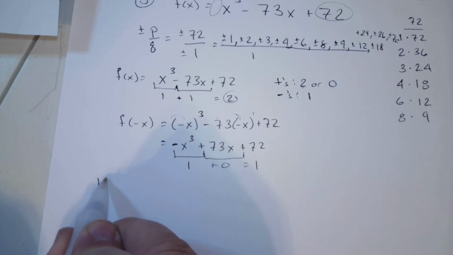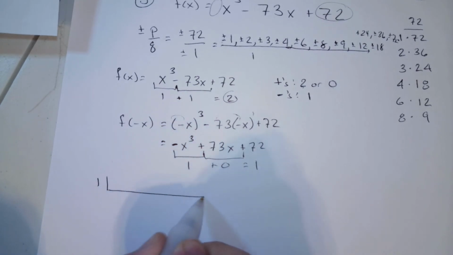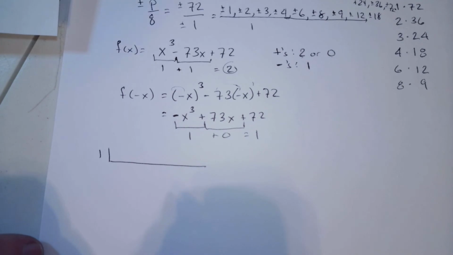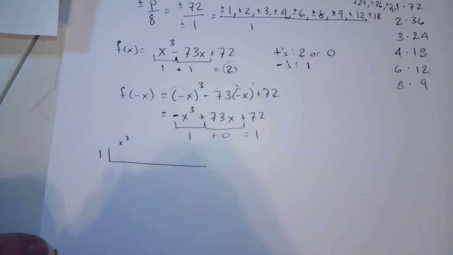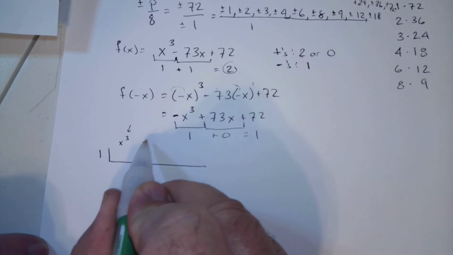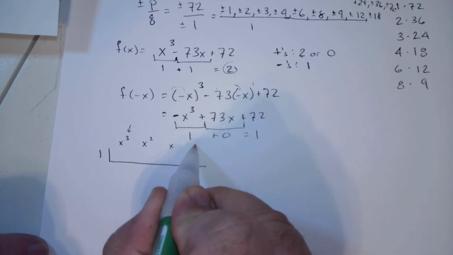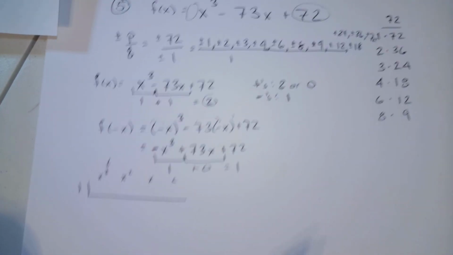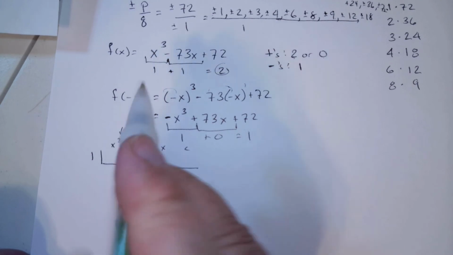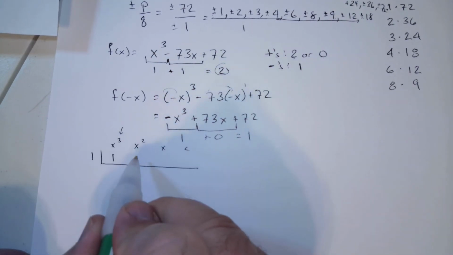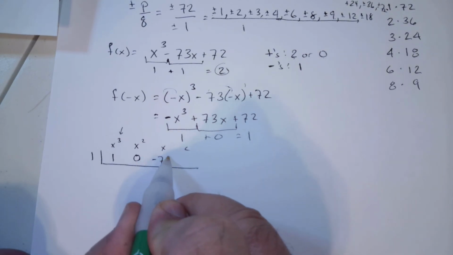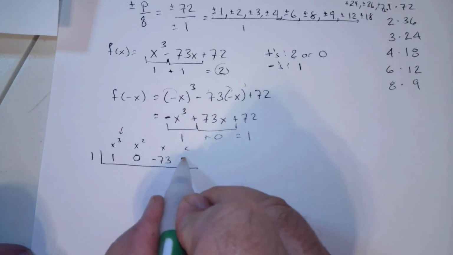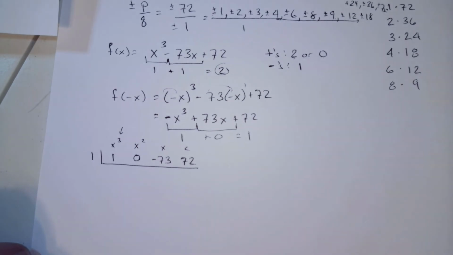Let's try 1. Now remember, in synthetic division, since we have x cubed, we're going to have 3 answers. We start off with x cubed, x squared, x, and constant. The coefficient of x cubed is 1. We have no x squares, we have negative 73 x's, and we have 72 constants.